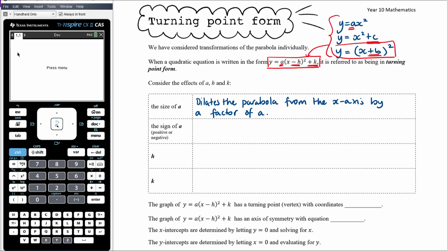Now, the sign of a, so whether a is positive or negative. So if a is less than 0, so that is negative, then a reflects the parabola, so the parabola is reflected in the x-axis.